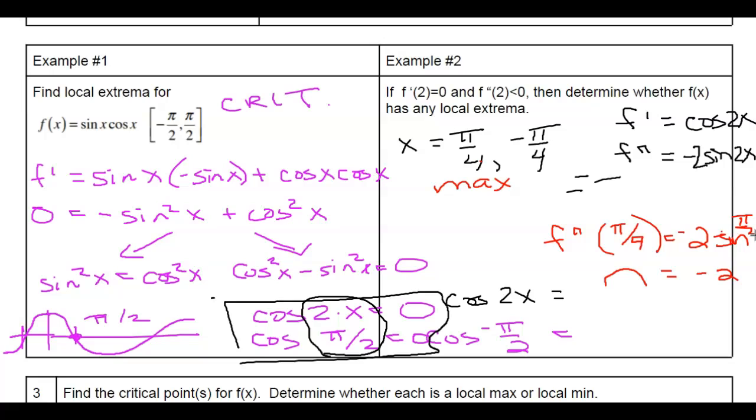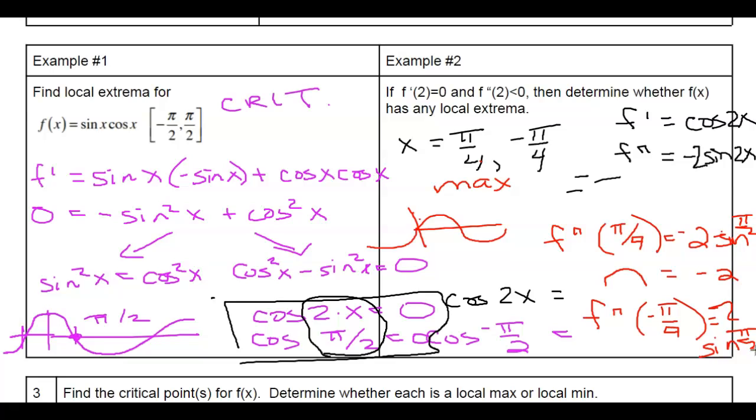Okay? And then I want to try negative pi over 4. I'll do it down here. I was going to cheat, but I won't. So I still get negative 2, and then I get sine of negative pi over 2. So the sine of negative pi over 2, remember your wave.